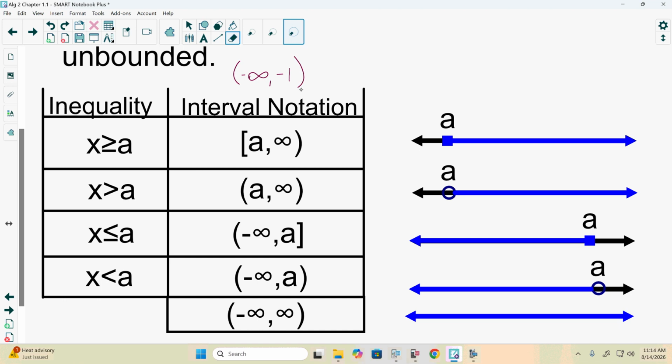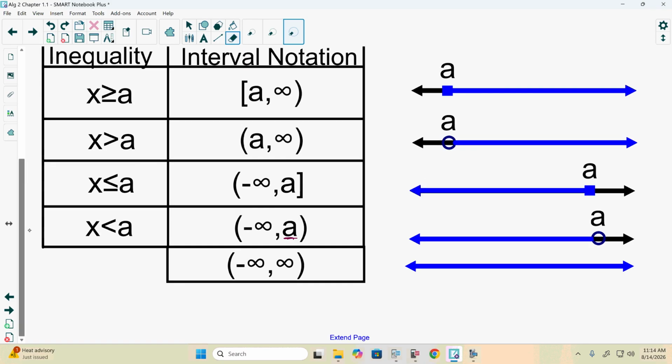This is the interval we're trying to rewrite as an inequality, yes? Which of those four does it match up with? The fourth one, yes? What is A? It's become -1, yes?